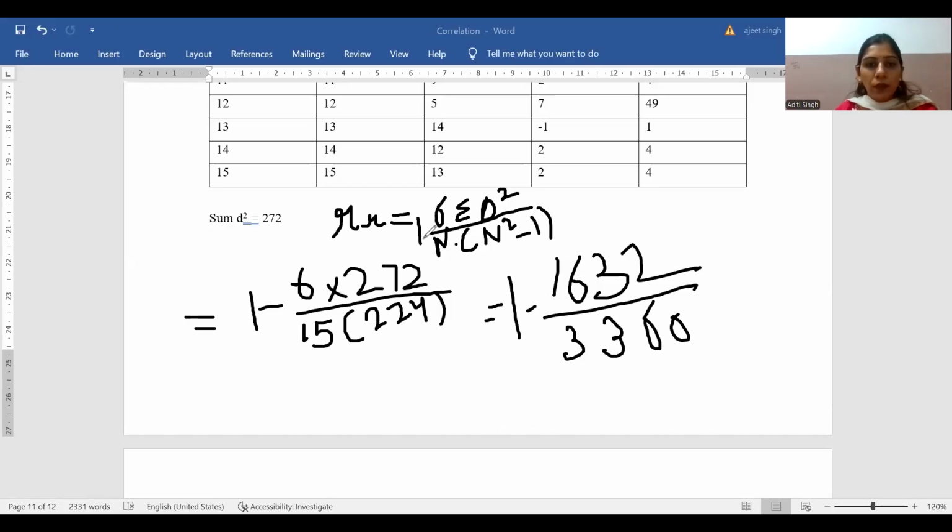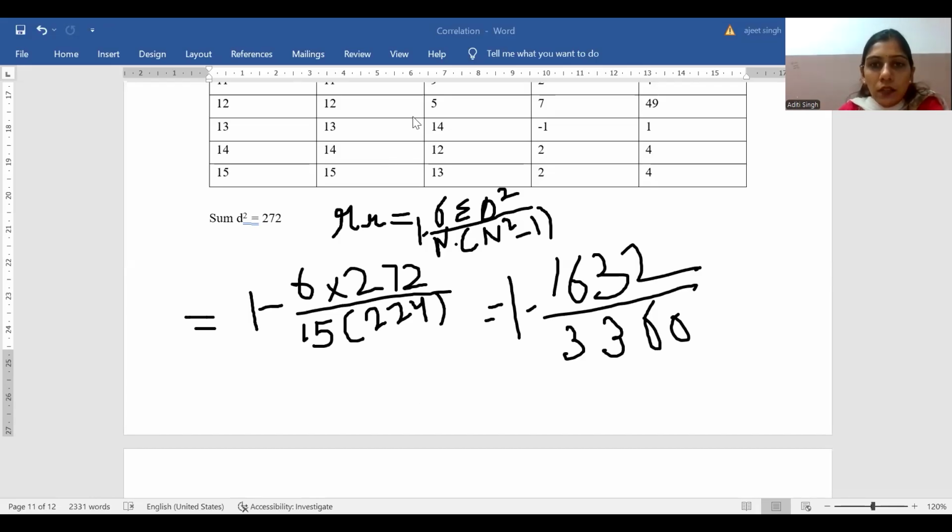Okay, 1 minus. So after calculating, let's first calculate 1632 divided by 3360 is 0.486.